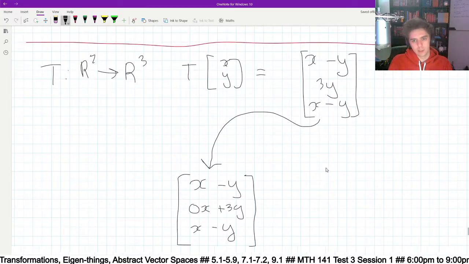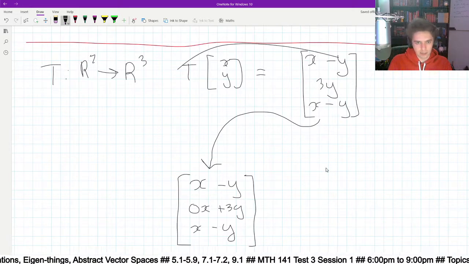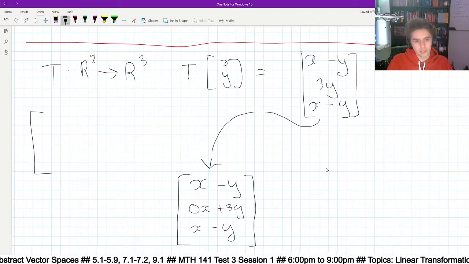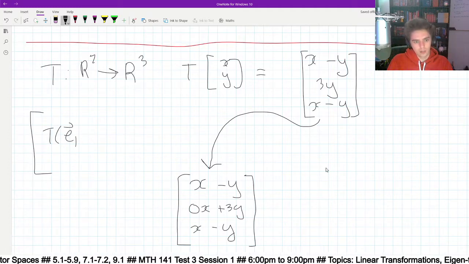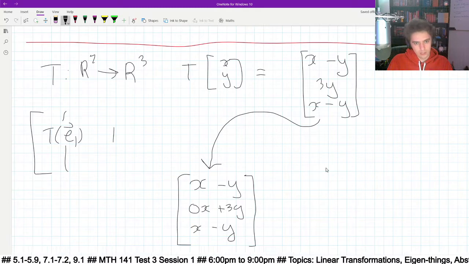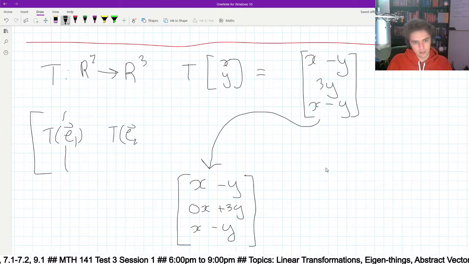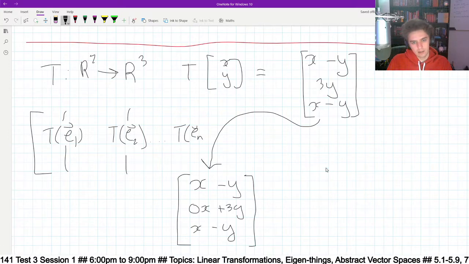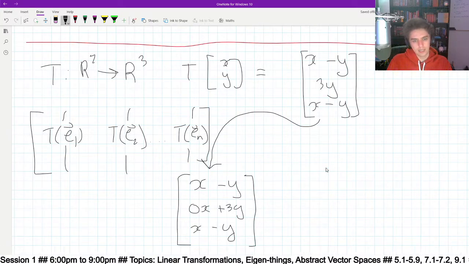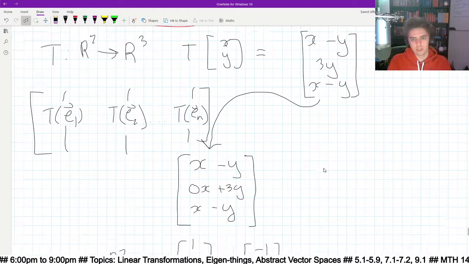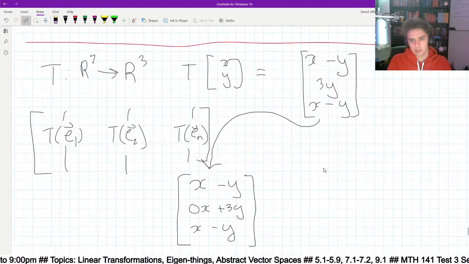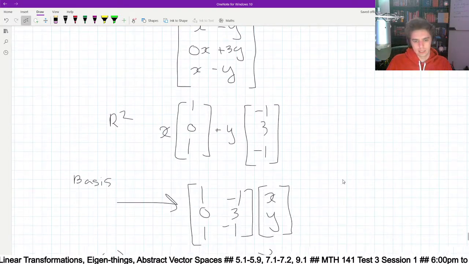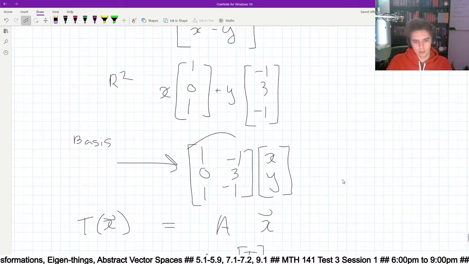If, for example, the question gave you this, like they defined T in terms of this, you can create a matrix where all the columns are T of E1, T of E2, ..., T of En, and you will get the exact same answer as if you just looked at this and turned it into a matrix by doing these steps, noticing that it's a linear combination of x and y. You'll get the same answer.